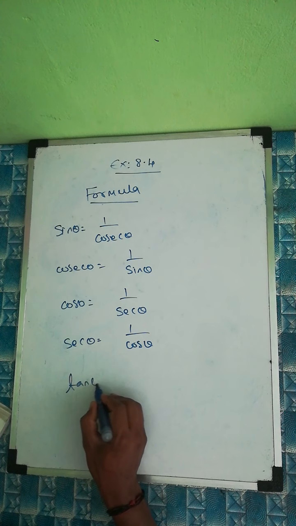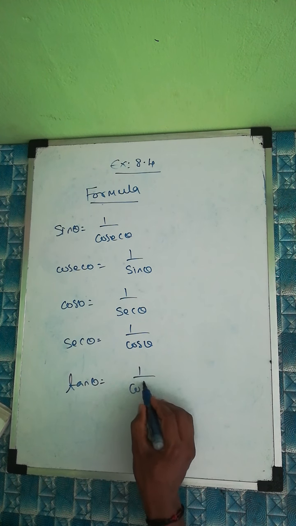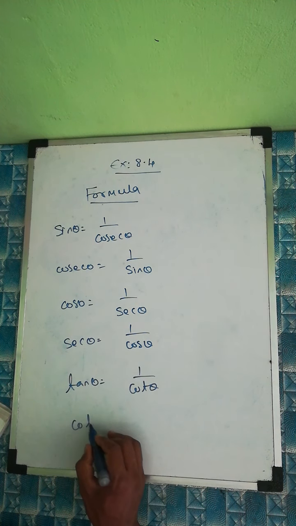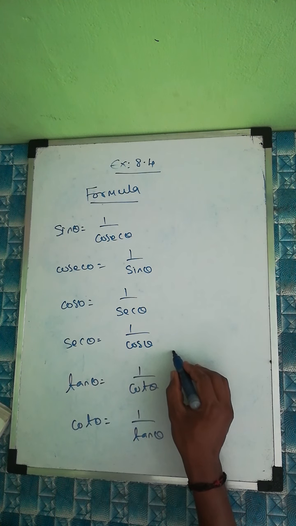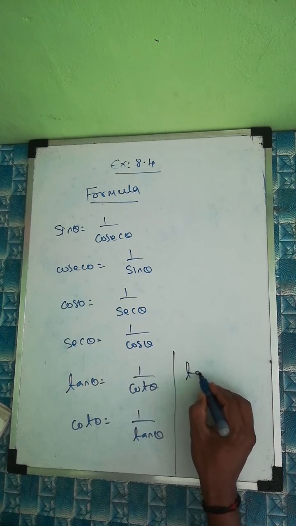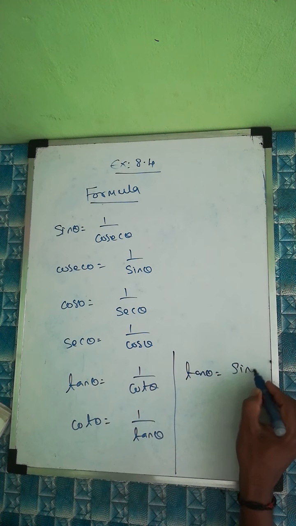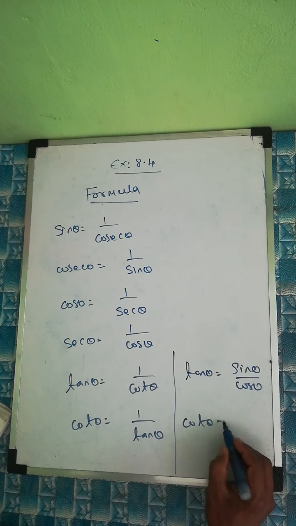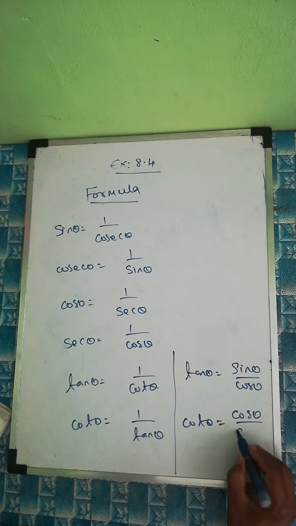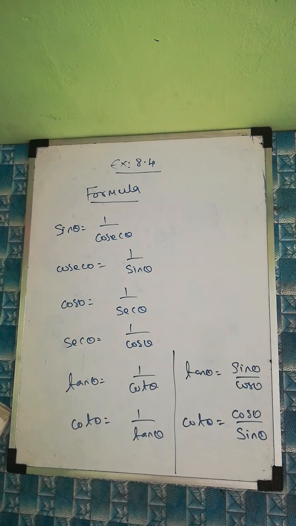Tan theta equals 1 by cot theta, and cot theta is 1 by tan theta. And we have other formulas here. The tan theta formula is sine by cos, and cot is cos by sine. So you should memorize these formulas before starting the exercise.